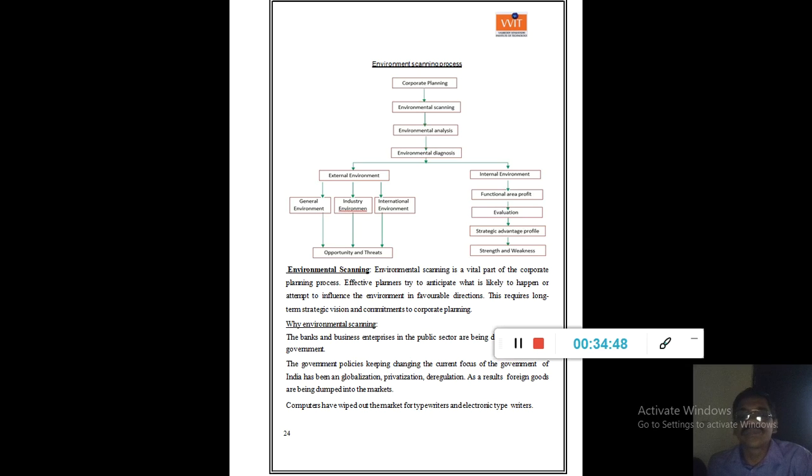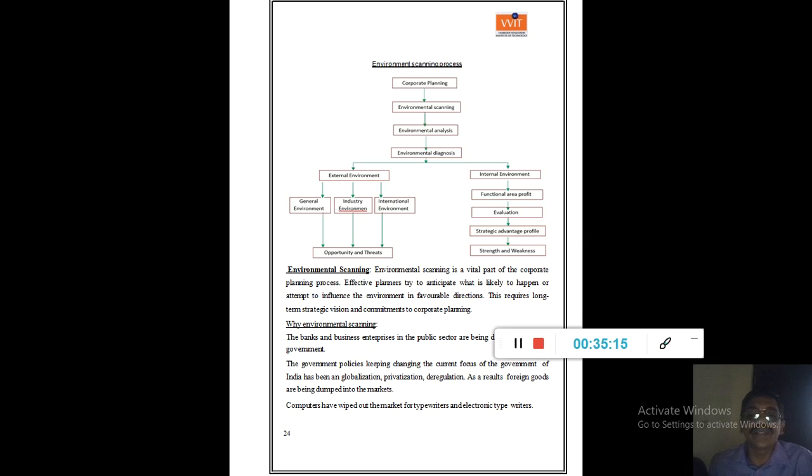So the organization will look for functional areas internally, the departments that are working in the organization. What are the departments that work within the organization? Like marketing, production, finance, human resources, like that.